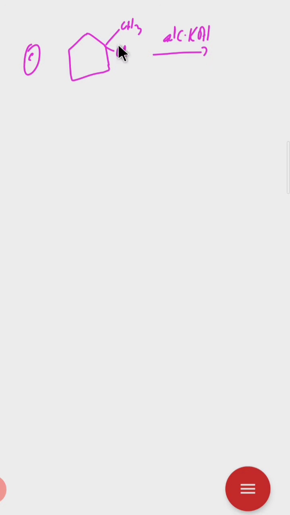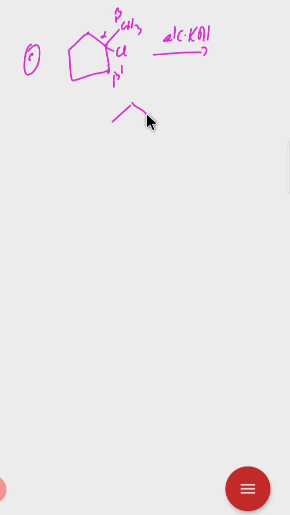For this we need to check how many different beta carbon atoms are there. This is the alpha carbon atom, next to the alpha carbon atom there is a beta carbon atom. This is beta and this is also beta, this and this are the same. Since we have two different beta carbon atoms, we will get two alkenes in this reaction.